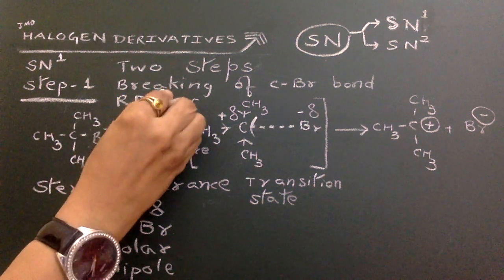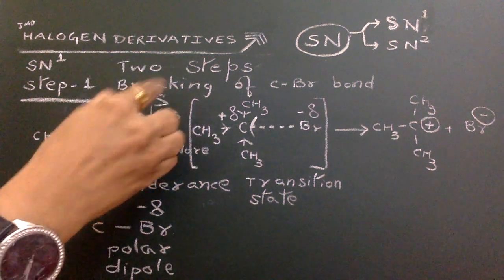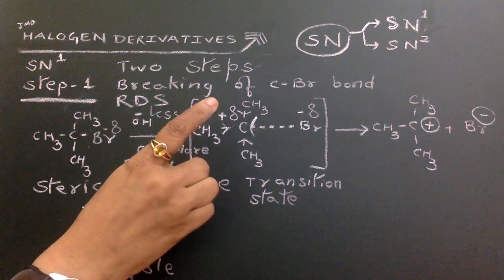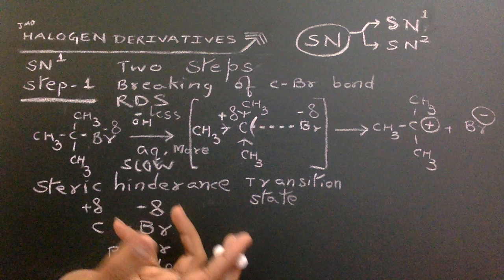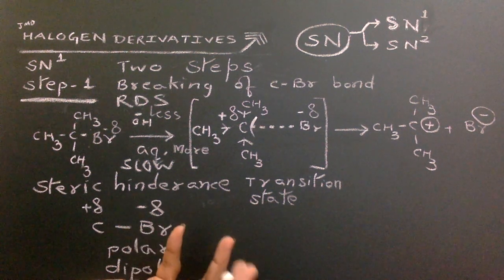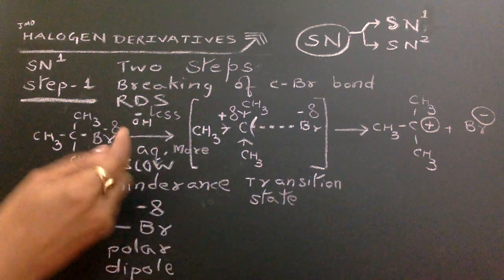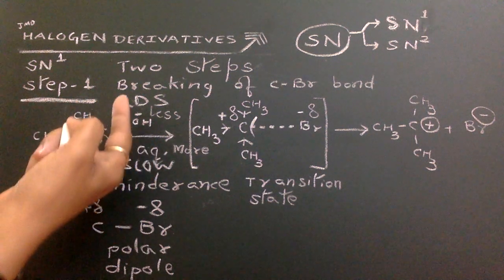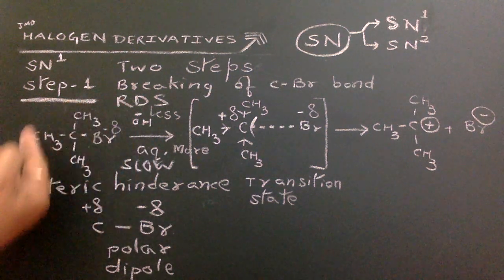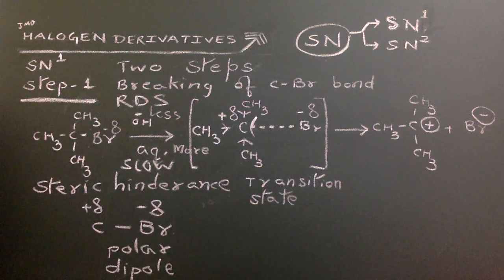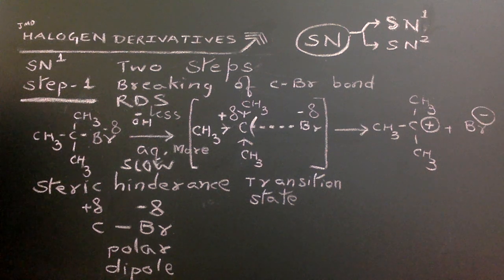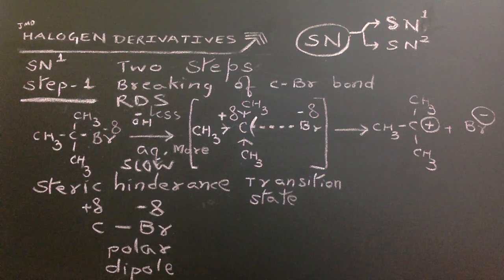So this is the RDS, the rate determining step, and as you know, by the law of mass action, rate depends directly on the concentration of reactant, and in the rate determining step, the main reactant is the substrate. So the rate of this reaction is directly proportional only to the molar concentration of tertiary butyl bromide, and so it is a first order reaction.